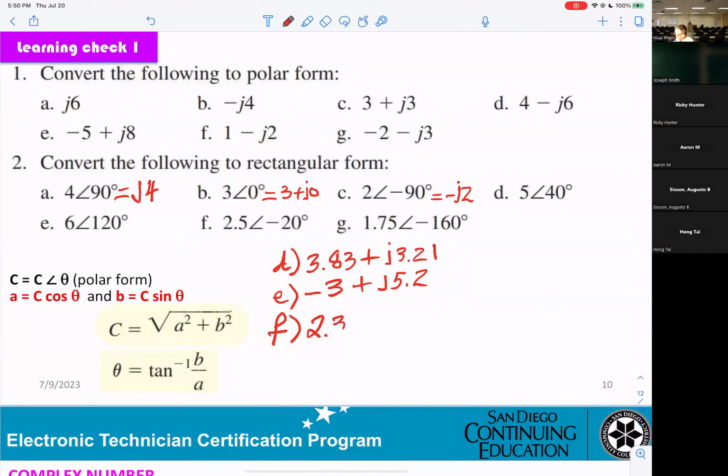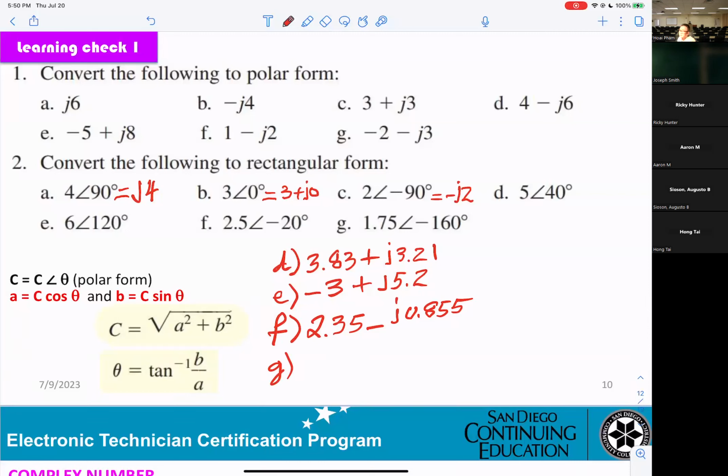And then the second number is going to be minus J 0.855. That's what you got, Mr. Pham? Yeah. Okay.